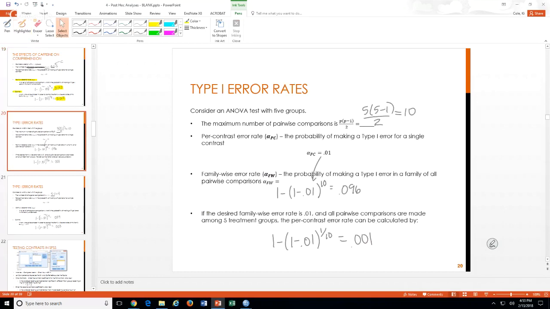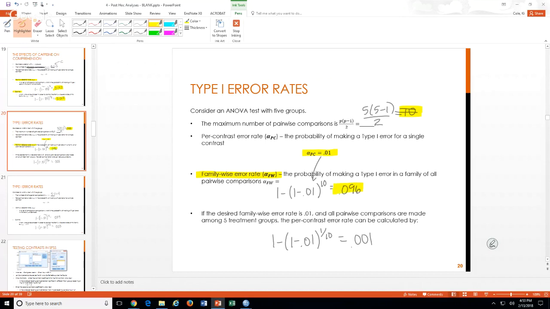Okay. So the next one, we have 5 groups. So there are 10 pairwise comparisons. In this one, we're doing things at an alpha of 0.01 rather than 0.05. So the family-wise error rate for the 10 pairwise, oops, that doesn't look right.